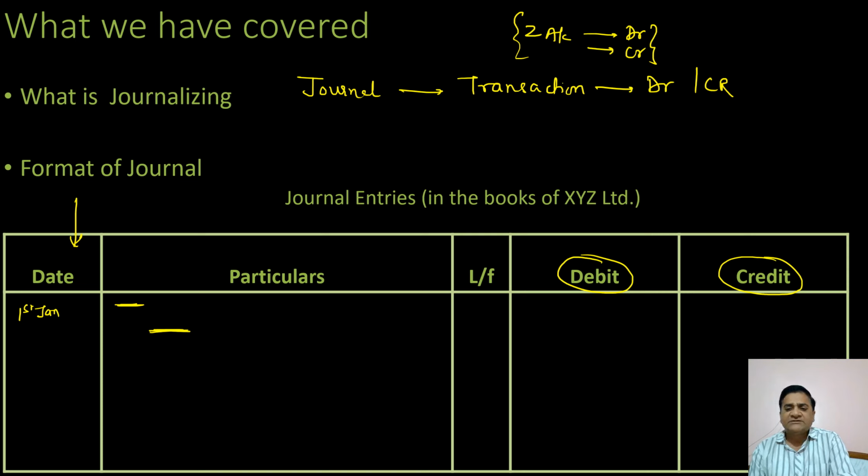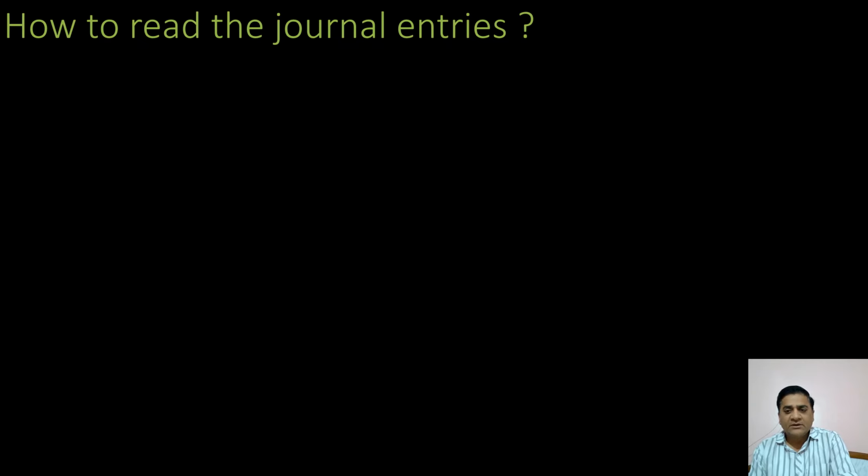All we need to understand is the first line would be dedicated to the account to be debited, and the second line would be dedicated to the account which is to be credited. The amount of debit is recorded under the debit column, and the amount of credit is recorded in the credit column, right? So let's solve a few questions wherein the rules of journal entries are to be followed.